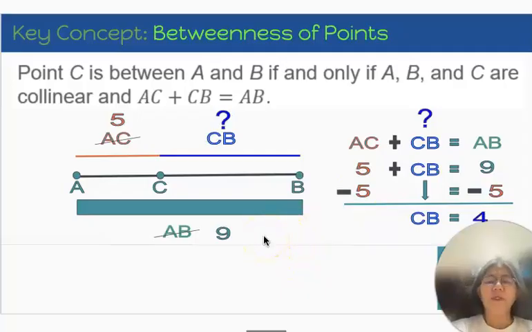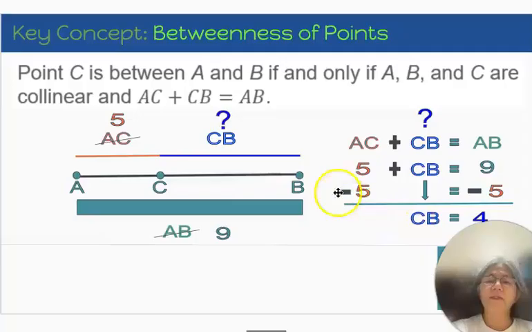Now, what if we are given the value of AC, but we don't know what CB is? But we still know the value of the whole segment, which is 9. Again, using betweenness of points, by substitution, you use your algebra, then we can find the value of the missing segment.